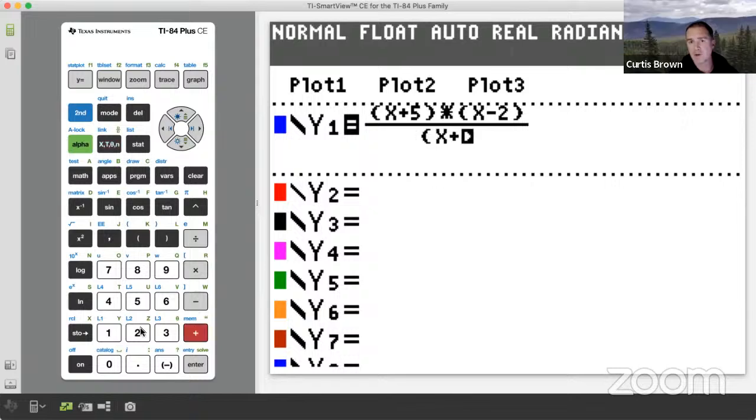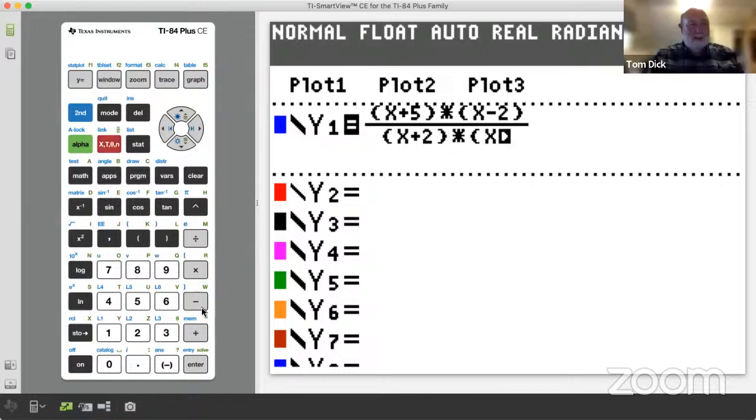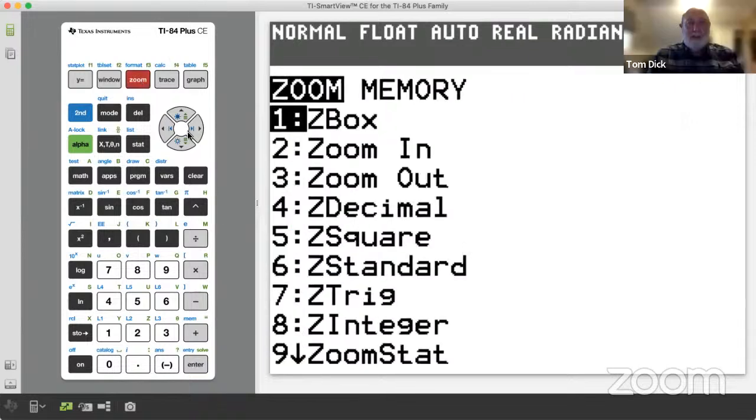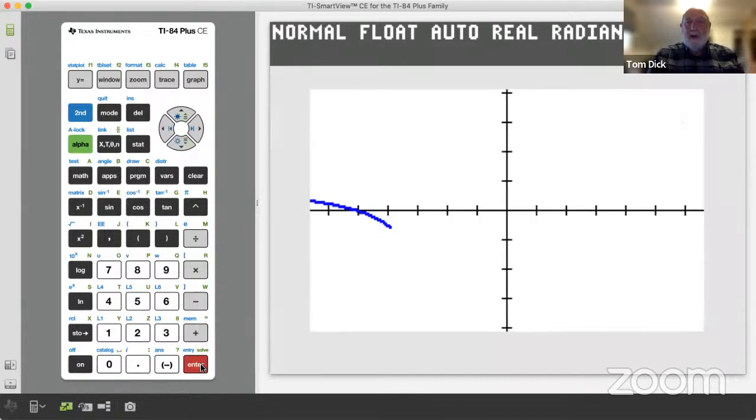And go ahead and graph that on a nice Zoom decimal window. All right. Almost got it here. I didn't make any typos here as far as I see. Looks good. So let's do a Zoom decimal window and get a look at what we've got.